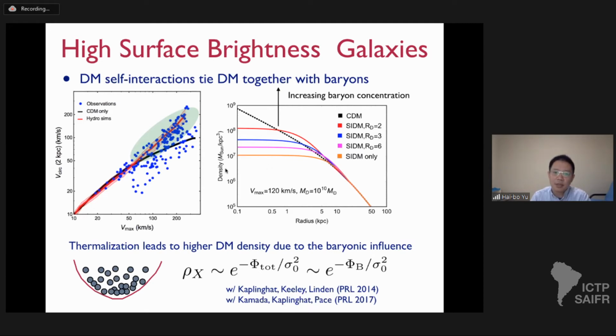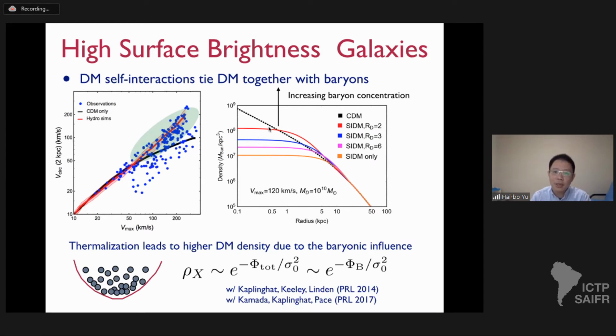So this plot shows the density profile of dark matter, and for the CDM, this is the initial condition, and this orange curve is dark matter SIDM only, without baryons. Now, if you add baryons and increase the baryon density or baryon concentration along the vertical direction, what you can see is the central dark matter density increases accordingly, right?